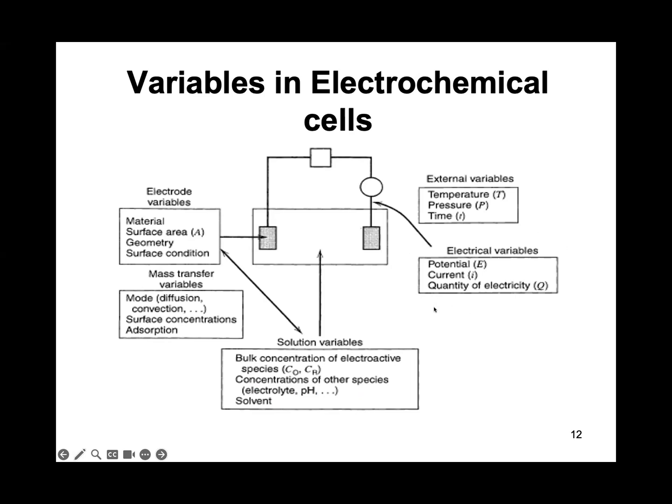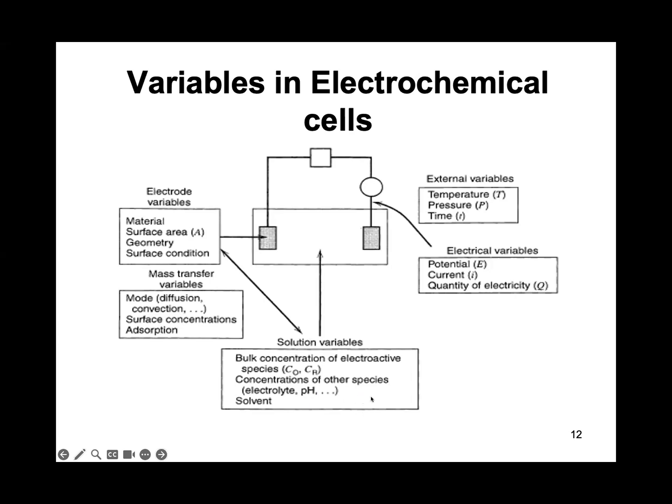Apart from that, definitely the electrical parameters, the potential. If we study differential pulse, there are certain other parameters like the pulse that we have to control. That depends on what kind of voltammetry technique that we are using.